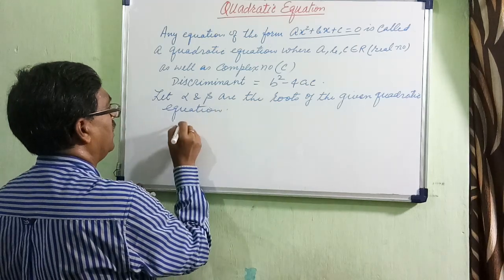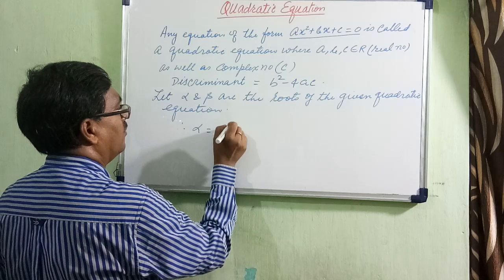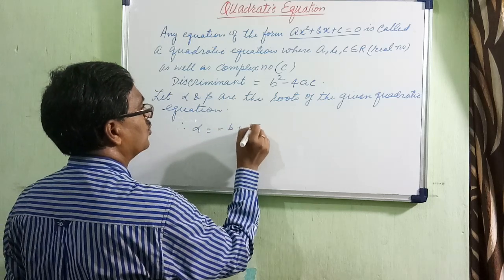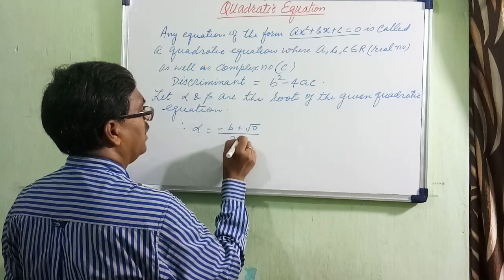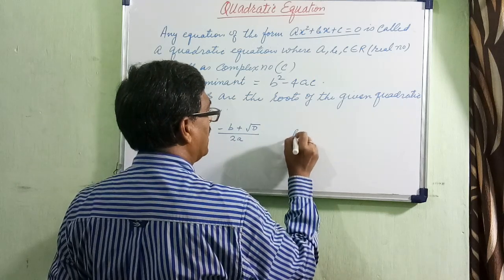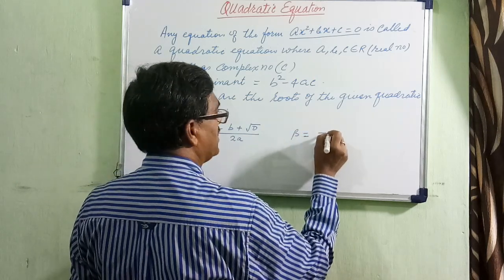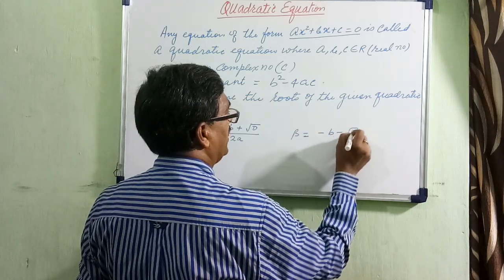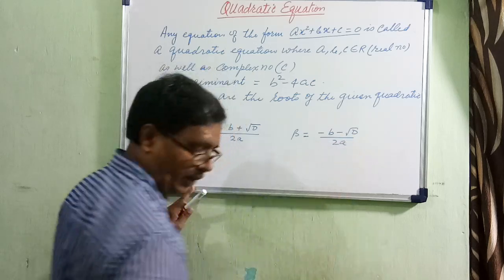Therefore, what will be alpha? Alpha is equal to minus b plus root over D divided by 2a, and beta is equal to minus b minus root over D divided by 2a.